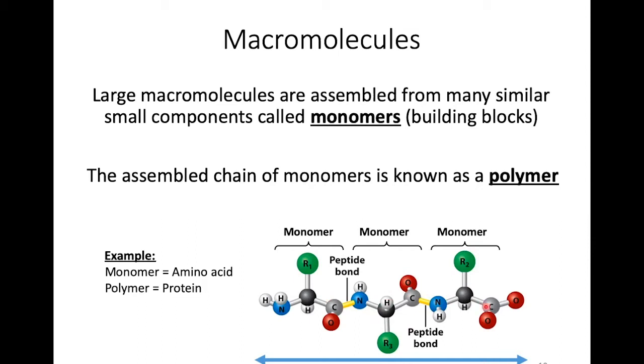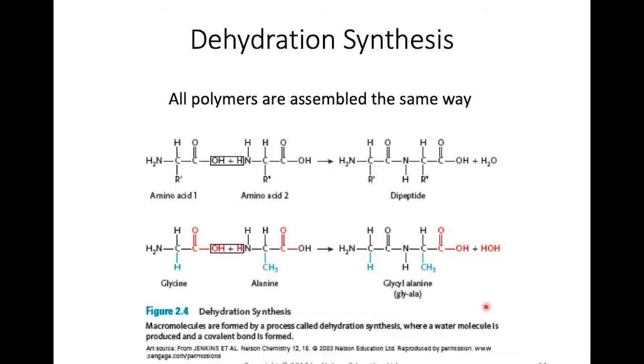We had to create this complex polymer structure. To do this, we use 2 different types of reactions, one to build up and one to break down. To build up a larger molecule, and it's in the name here, we use a dehydration synthesis reaction. There are 2 elements to this name that tell you exactly what's going on.